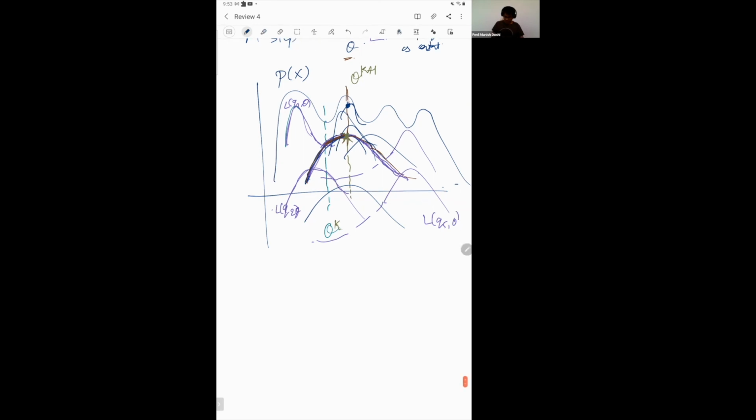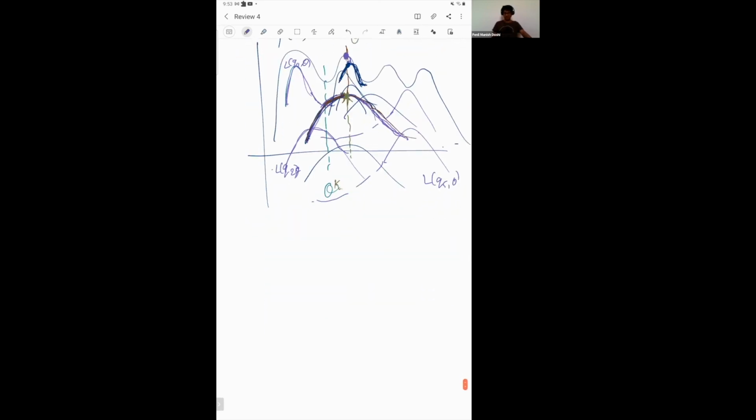So now let's say we got this theta. Now in the second M step, we would optimize this quantity over theta, and then this would converge to here. And eventually we would end up at this point. My drawing was not the best, but I hope this picture is clear.